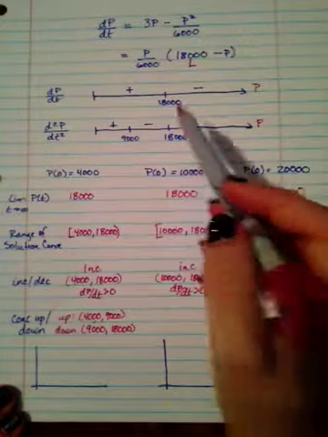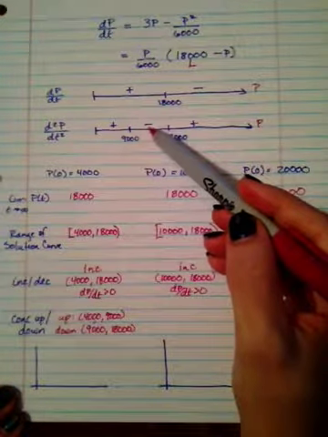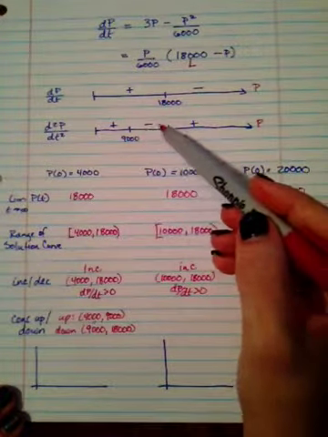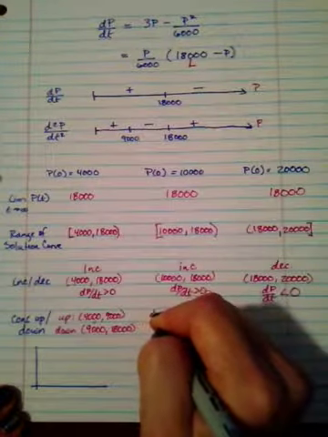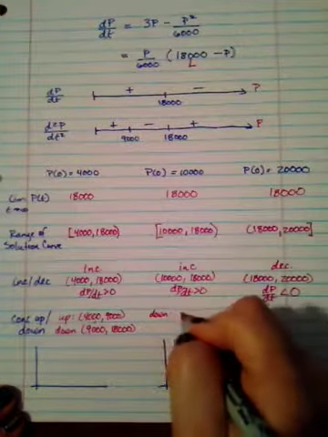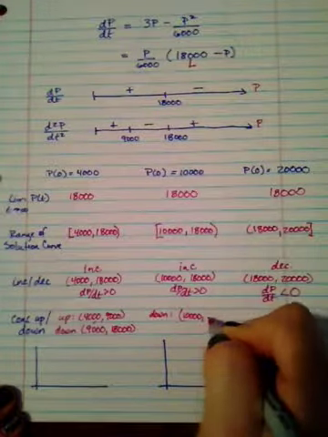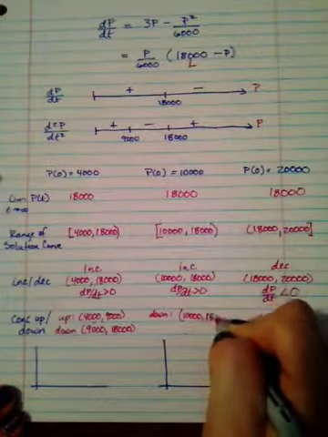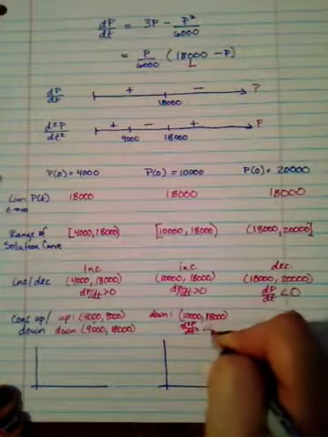Now for the next scenario, I started above my point of inflection. I started at 10,000. So it will actually be concave down the whole time. So down from 10,000 to 18,000, sorry. And if I was asked to justify it, I would say my second derivative with respect to time was less than 0.